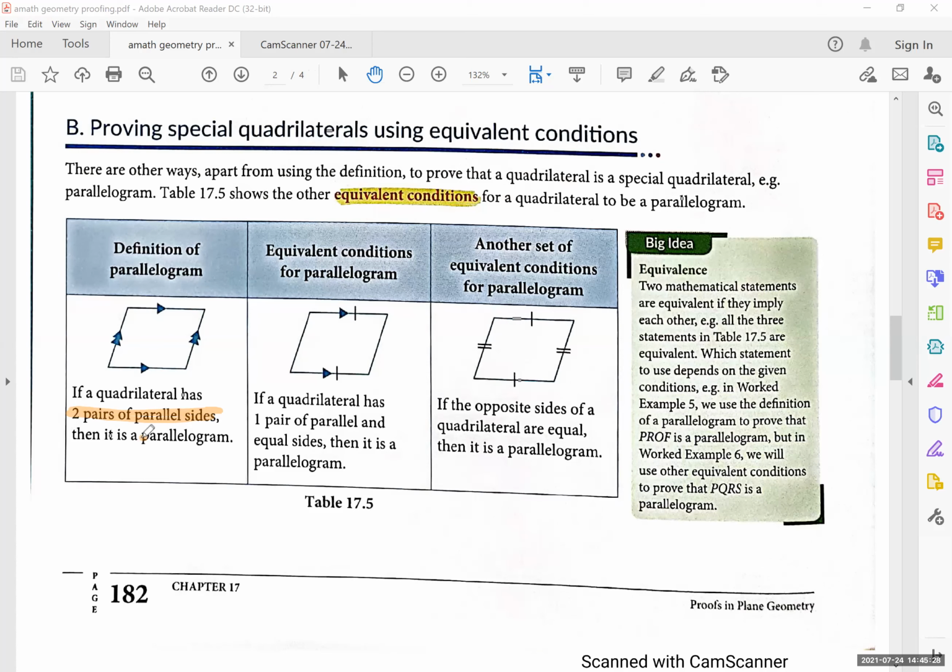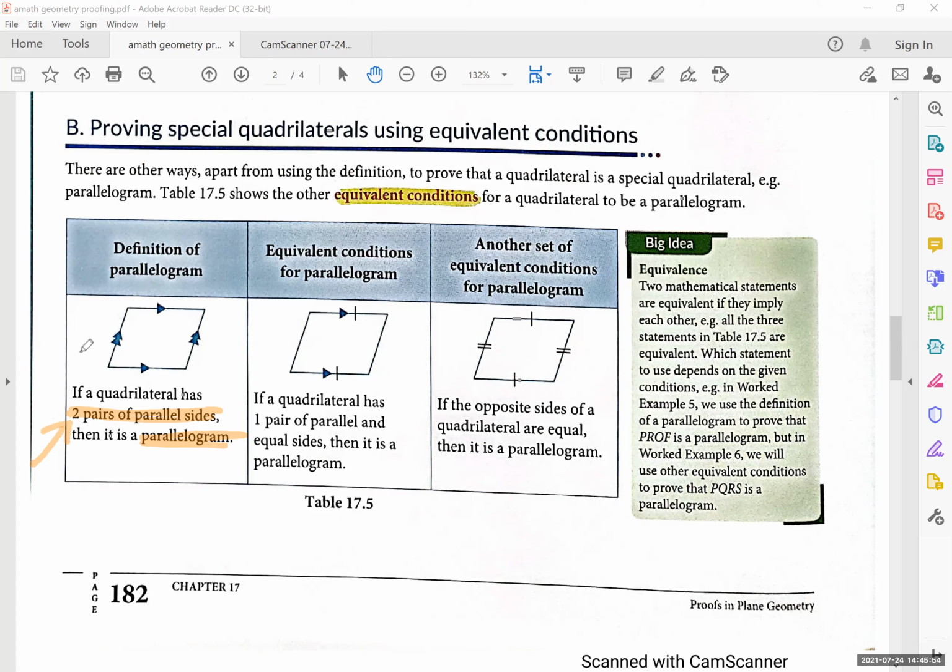It's the same thing also. Next time the question says prove that it's a parallelogram, it means indirectly they're telling you, hey, please go and find out your two pairs of parallel lines first. Prove that there are two pairs of parallel lines and then you can say that it is a parallelogram. Got it?